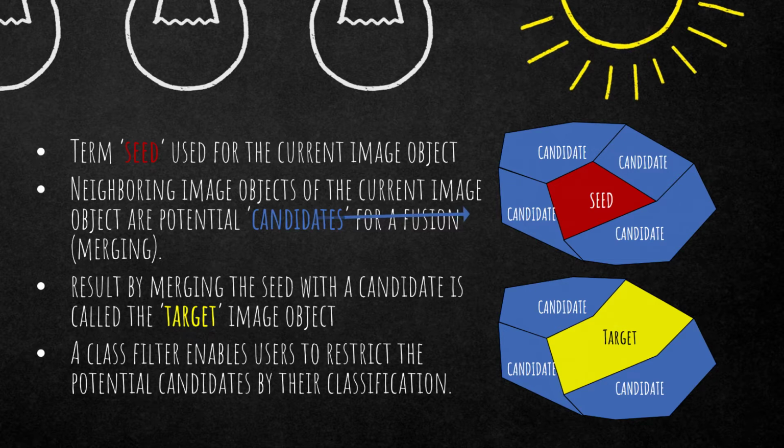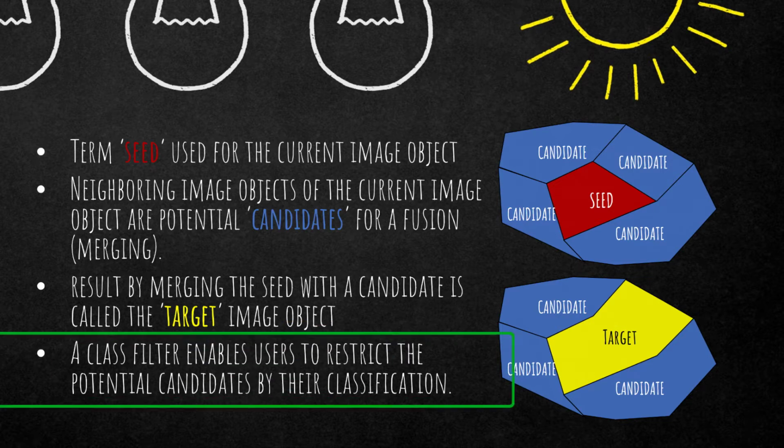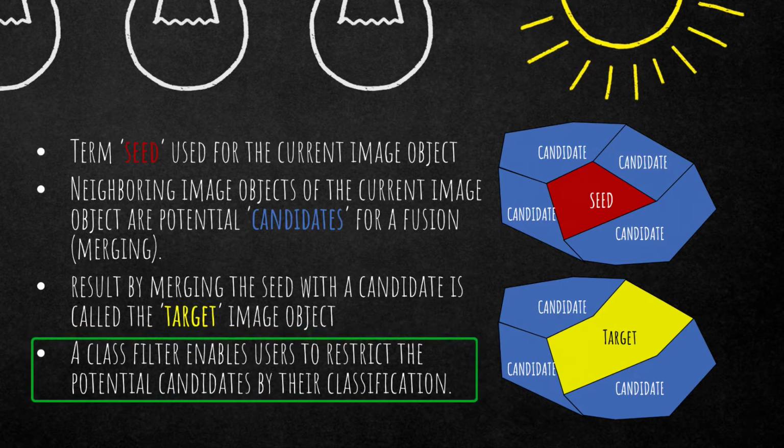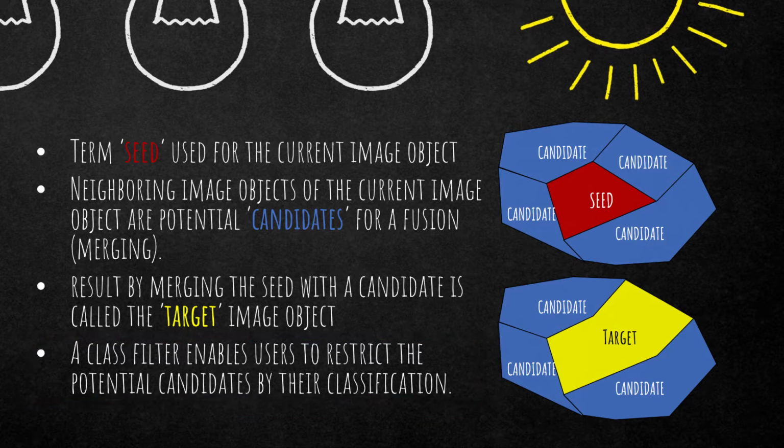And we have also the term target, which is the final object that is merged based on the conditions that you define. And of course, you also can set a class filter to restrict the potential candidates by their classification. So not only the fitting function, but you also can work with classification.